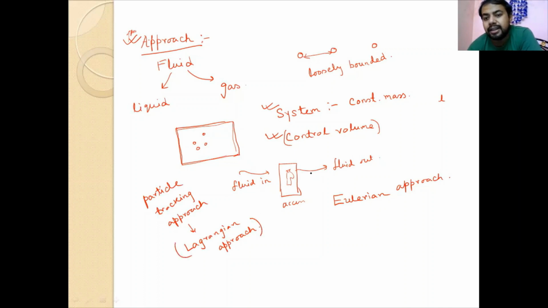Another approach: we take one volume, and an enormous number of particles are coming over the volume. Some particles accumulate and some particles go out from this volume. This is the control volume approach, or Eulerian approach. So the system is under a control mass system, which is closely related to the Lagrangian approach.